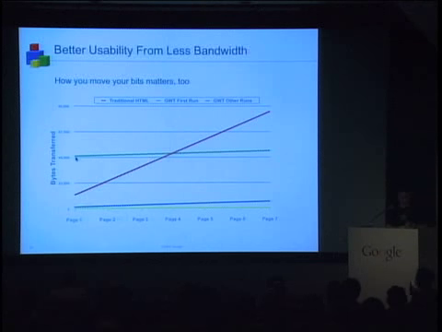With GWT, the first time you have to download the full JavaScript code, but each additional action you take only downloads the new data, not a full web page. Now this is just the first run. Once it's cached in the browser, well, it's very, very fast, because the user only needs to download the data.